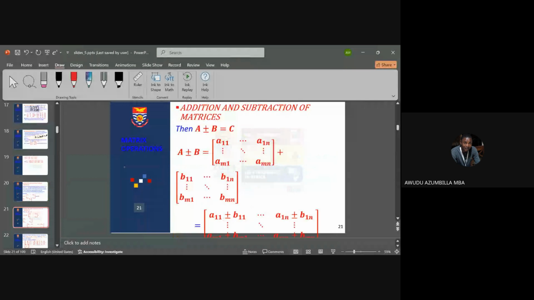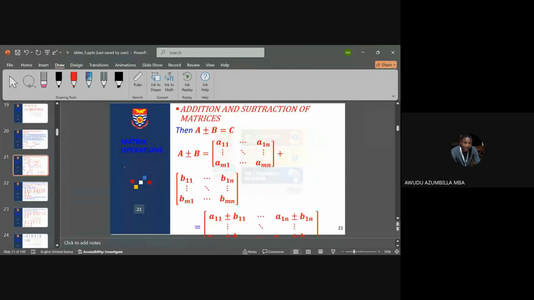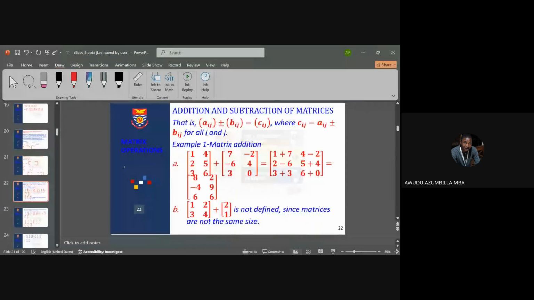So let's look at an example here. I have matrix A, and if we have this format, I have this one and this one.